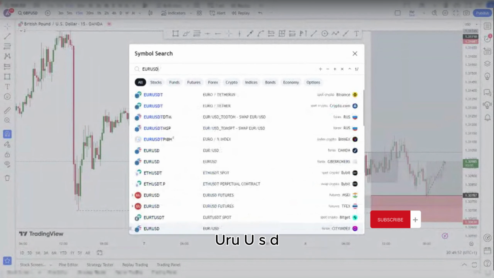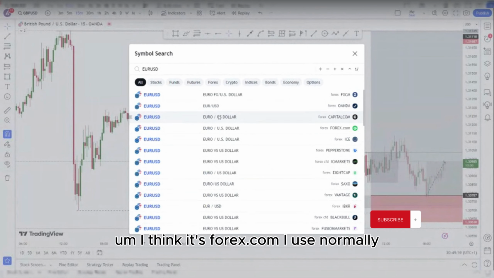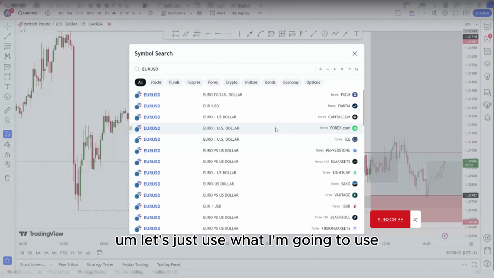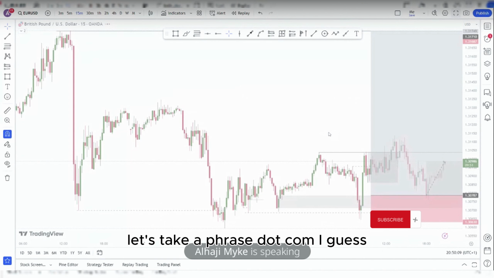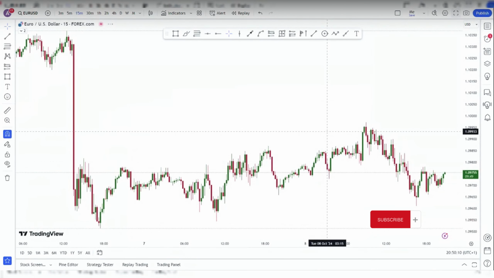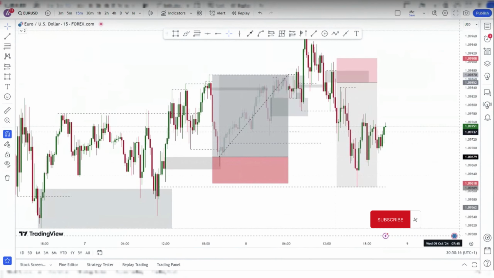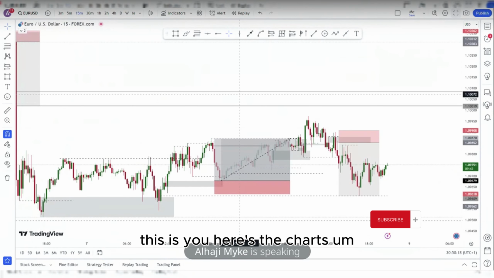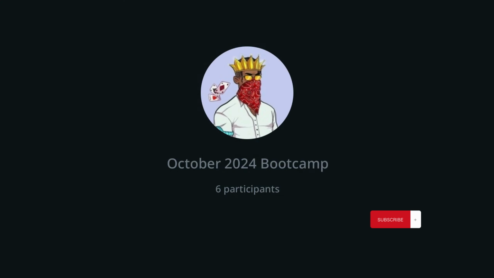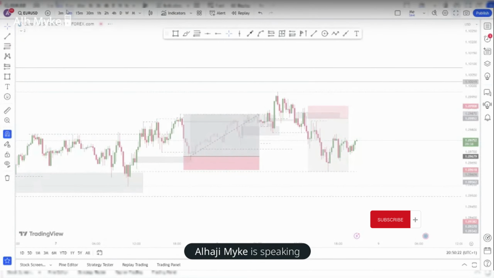Euro USD. I think it's forex.com I use normally. Let's just use what I'm going to use. Let's take forex.com, I guess. Okay, so this is the Euro USD chart, 5 minute time frame.